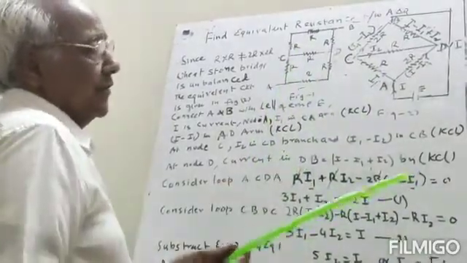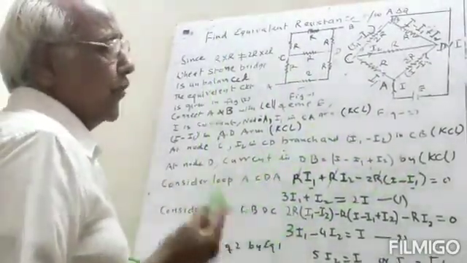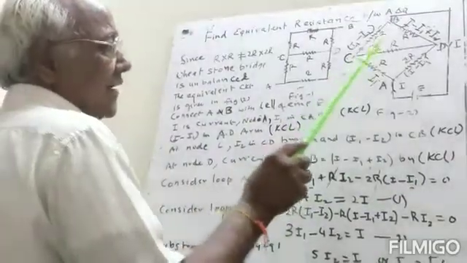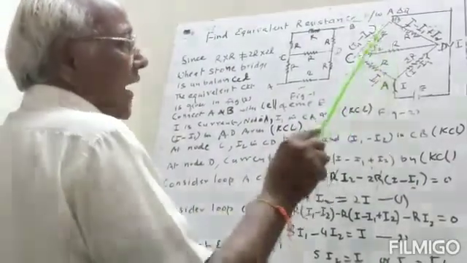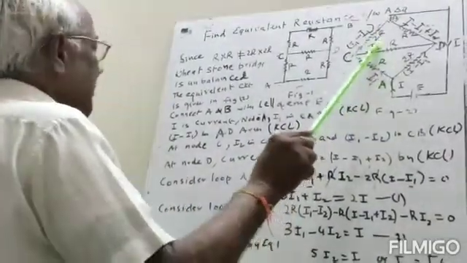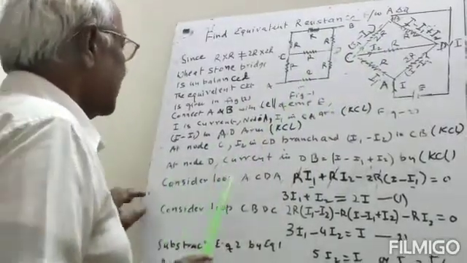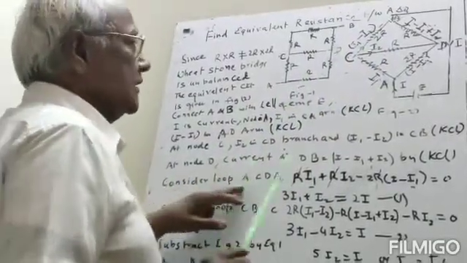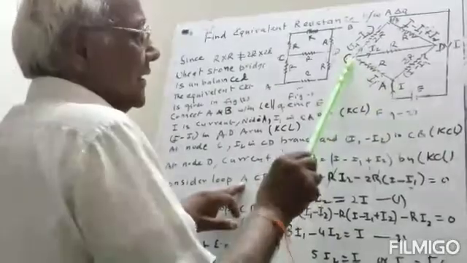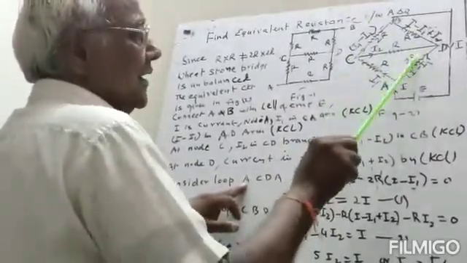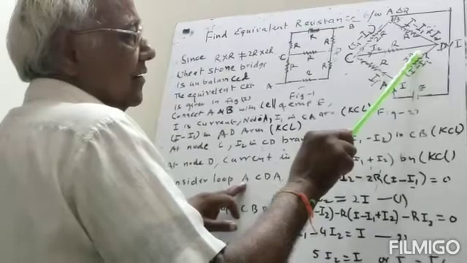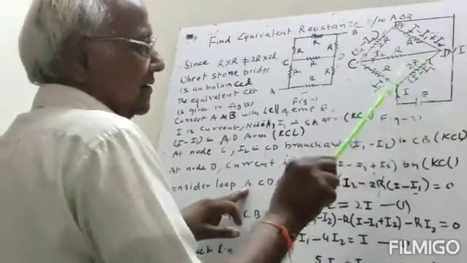So now we have to take Kirchhoff's voltage law, and we take loop 1 and loop 2. Our first loop is ACDA, anti-clockwise.